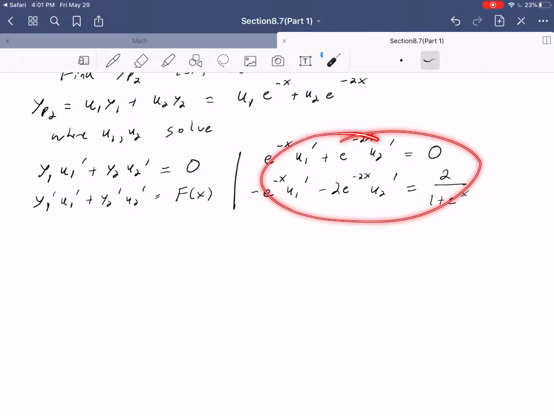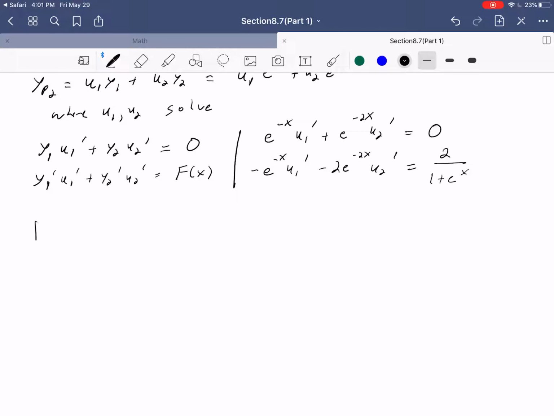Again, messy to look at it like this, so I do prefer putting it in the matrix form. Your book goes through and discusses using Cramer's rule, which is sort of a formula approach that works very nicely for 2x2s. You can use that if you are comfortable with it, but I still think that the matrix approach is the easiest way. So we have e^(-x), e^(-2x), 0, and then we have -e^(-x), -2e^(-2x), and 2/(1 + e^x).